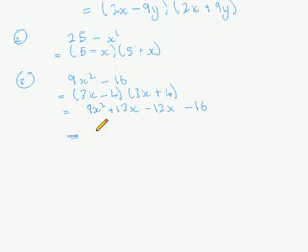Okay, and that now equals 9x squared. These two obviously equal 0, minus 16, which is where we started.